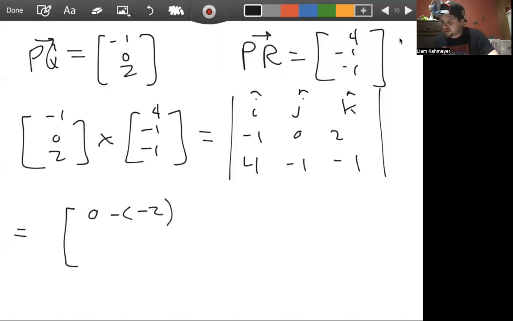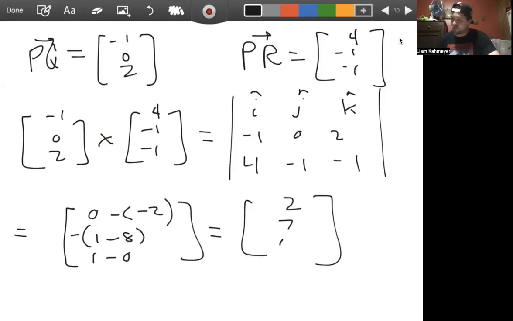For the second component, we're going to have -1 times -1, which is +1. So we'll have 1 minus 8. And then for the third component, looks like we're going to have 1 minus 0, which is the vector 2, 7, 1. Cool. And so now we can take the magnitude of this rather easily.